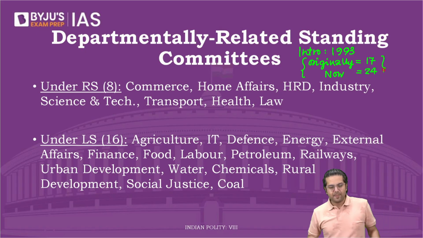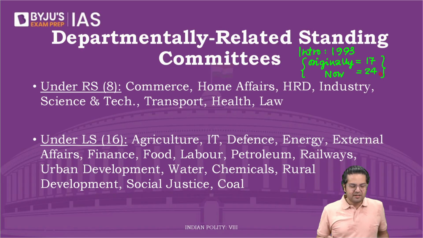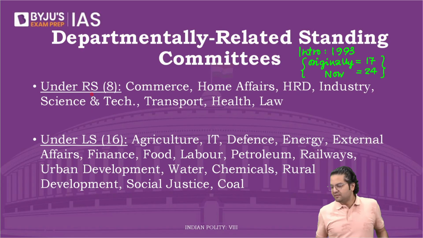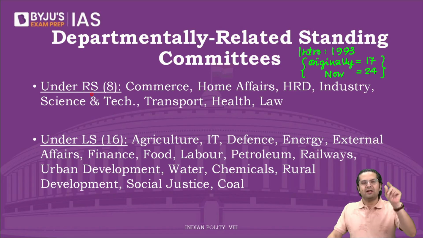Okay, great. Now, some of these DRSCs function under the Rajya Sabha. It does not mean that they have members only from Rajya Sabha. It is just that these DRSCs need pen, paper, photocopy machine, A4 sheet, right? Tea, coffee, water, almonds, walnuts, etc. So if you have any issue or concern, you contact the speaker or the chairperson.